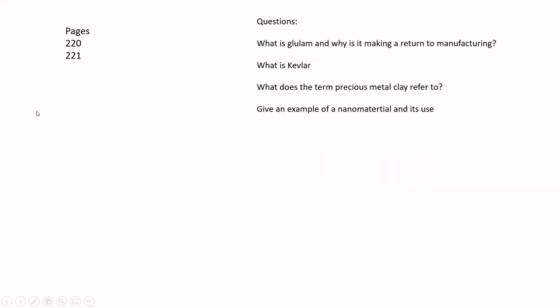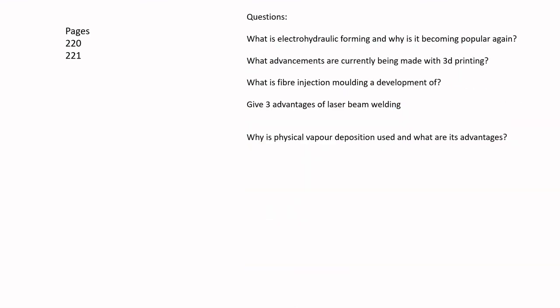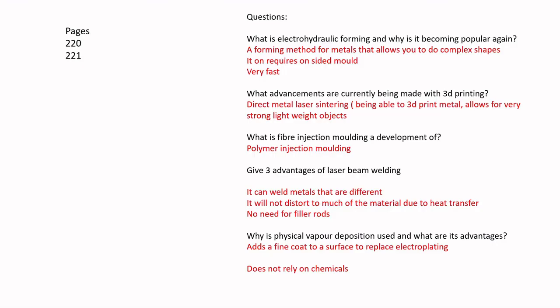Again, I'll put the pages list there for you as well. So pause the video, have a go answering. Okay, and those are the answers. And then last set of questions, I'm pretty sure. So pause the video, the questions and pages in your textbook, sorry, are there. And there's all the answers.